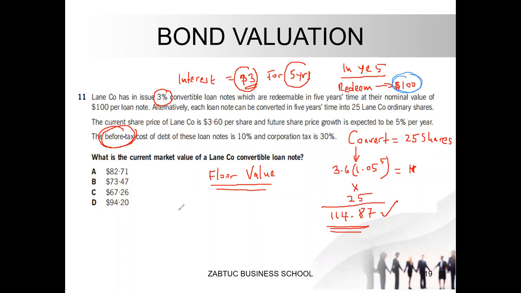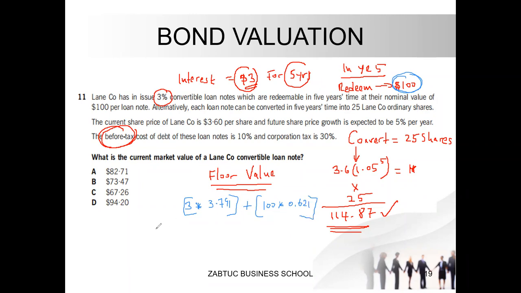So let's find the floor value. Floor value will be 3 multiplied by, what was our annuity factor? 3.791, plus 100 multiplied by 0.621.